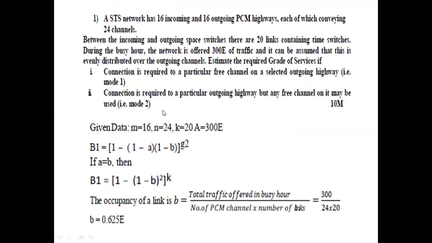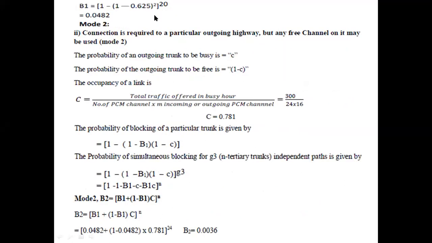We are using the same equation here, where we found small b to be 0.625 erlang, which is the blocking probability, given by the total traffic offered divided by the number of PCM channels in a PCM highway times the number of intermediate links, where k is equal to 20 and the number of slots is 24. The same has been substituted and the result is this.